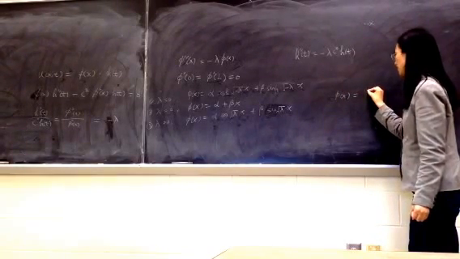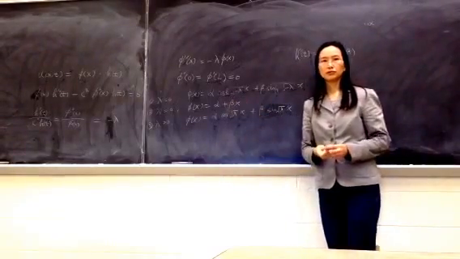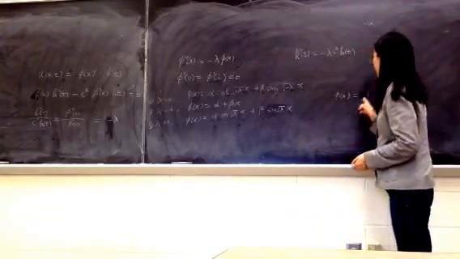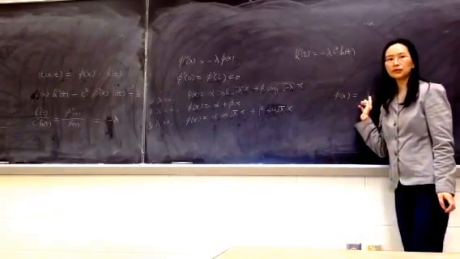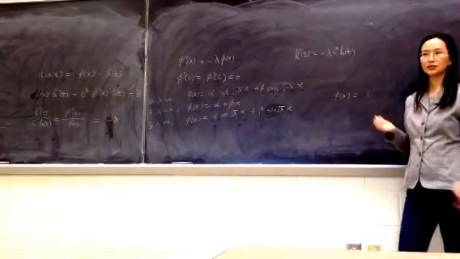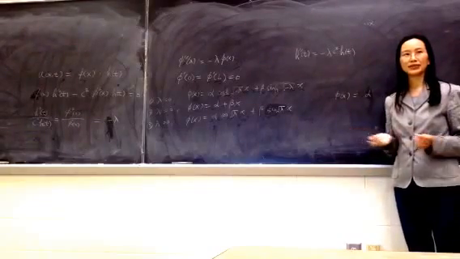Okay, so because beta has to be 0, alpha is a non-zero constant. So this solution is unique up to a constant multiple. Because you can put any constant alpha, it is still a solution.